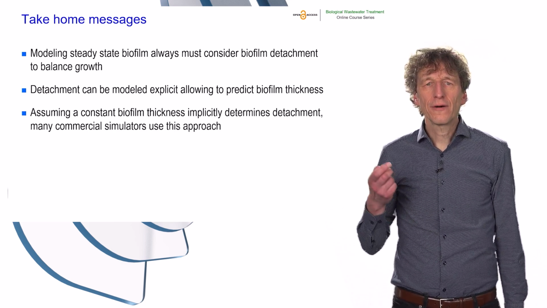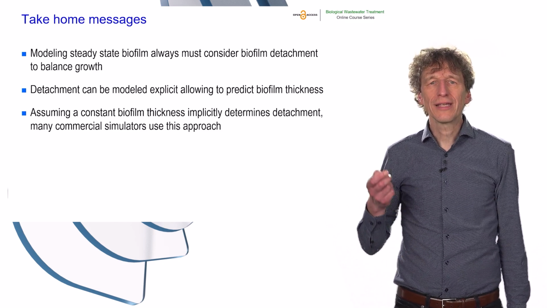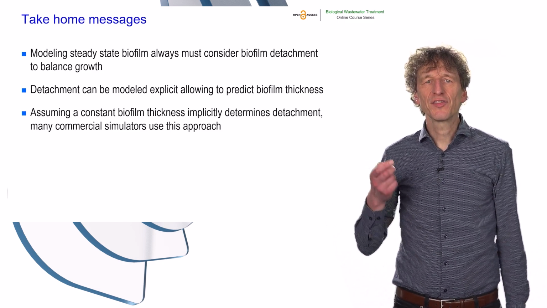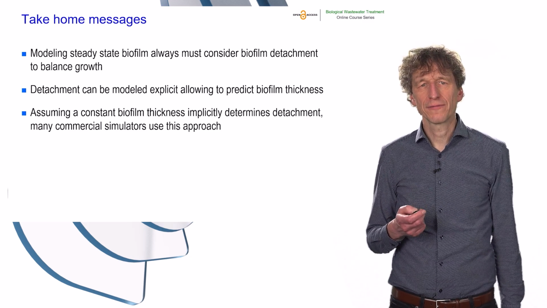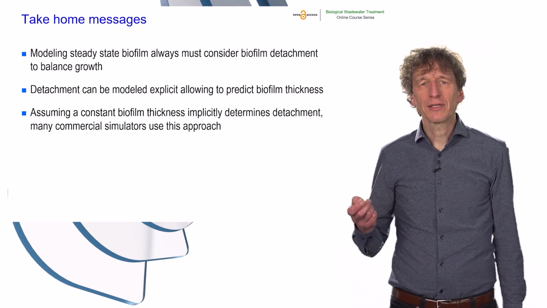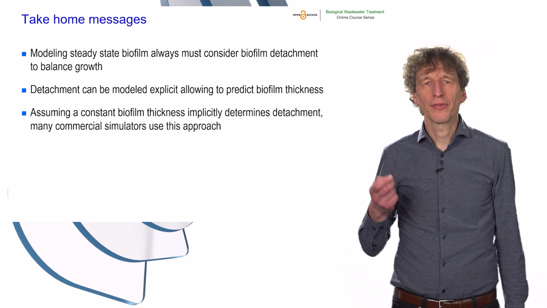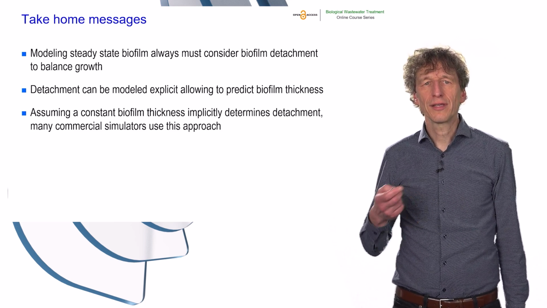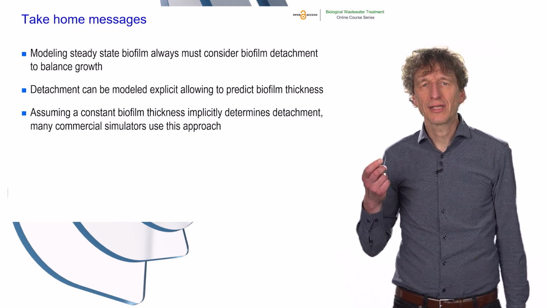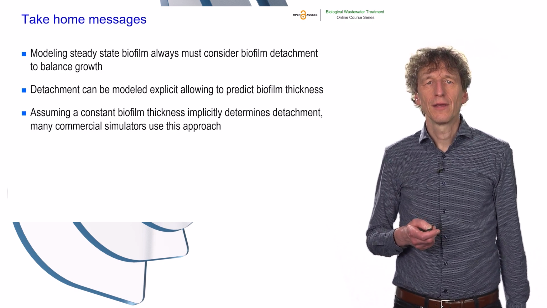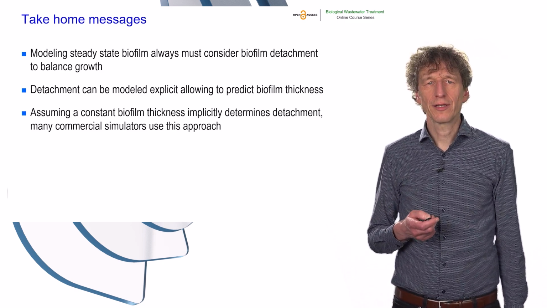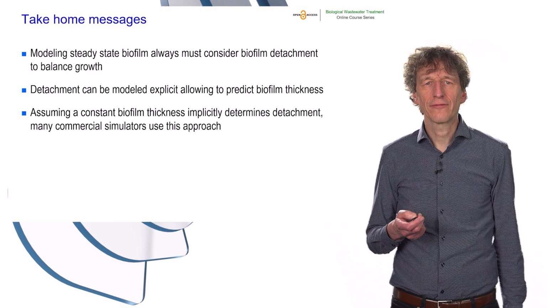But modeling often considers detachment only implicitly by assuming a constant thickness biofilm. This is resulting in a biofilm detachment rate that balances growth, decay, and attachment for this given fixed thickness. Many commercial biofilm simulators assume a constant biofilm thickness.